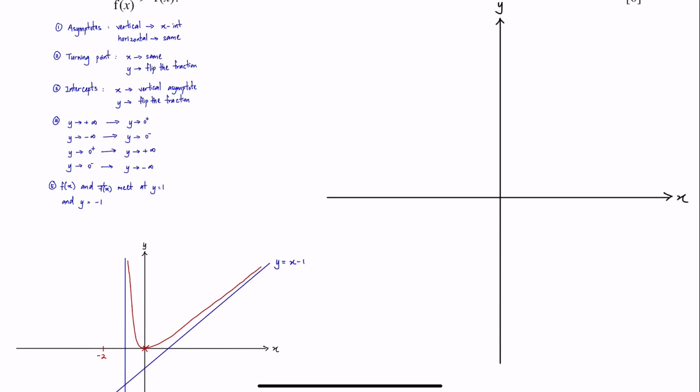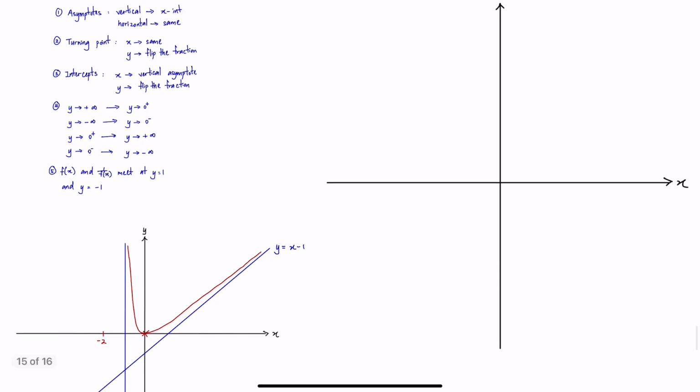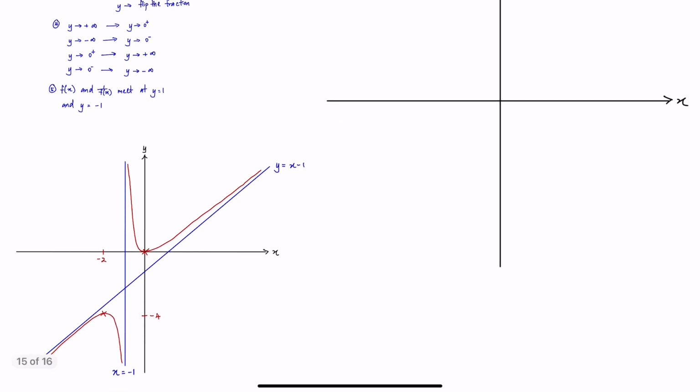Firstly, asymptotes. The vertical asymptote is now the x-intercept. So this asymptote is now the x-intercept of the new graph. That means x equals negative 1 would be an x-intercept.